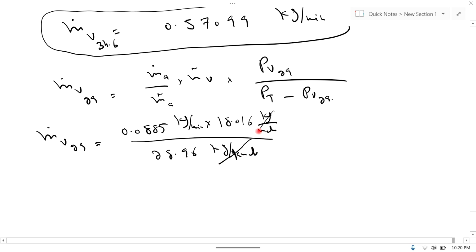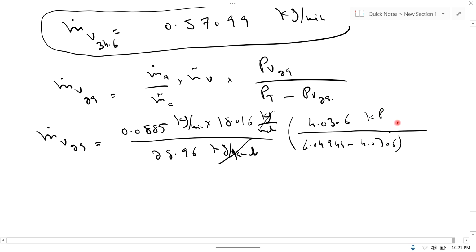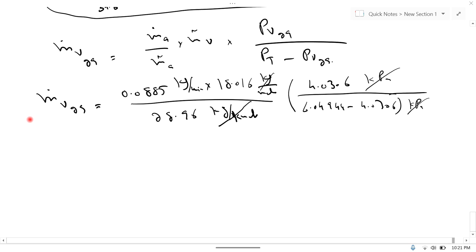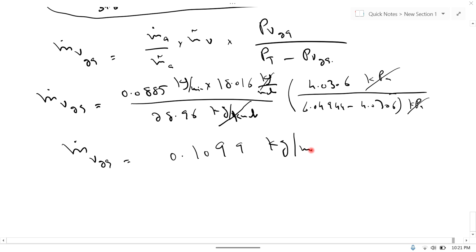So this kilogram per kilomole will be cancelled, and PV at 29 degrees centigrade is equal to 4.0306 divided by P total, 6.04944 minus 4.0306. Units above and below are the same, kilopascal, so kilopascal will be cancelled. So final unit will be kilogram per minute. Simplifying this calculation, this will be equal to 0.1099 kilogram per minute.